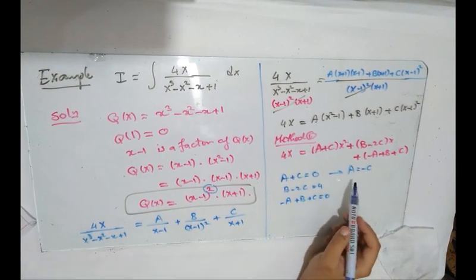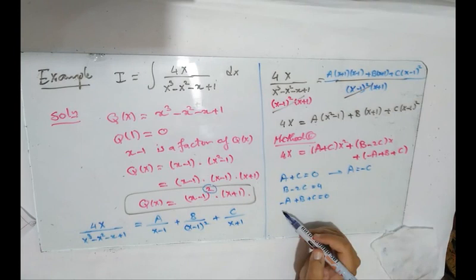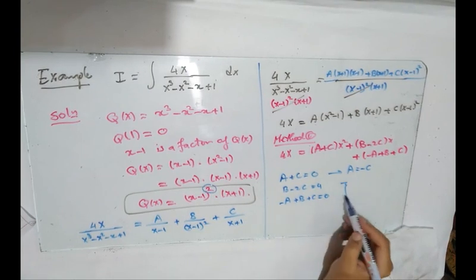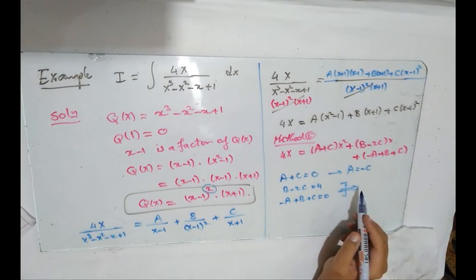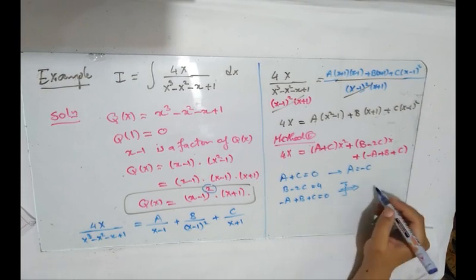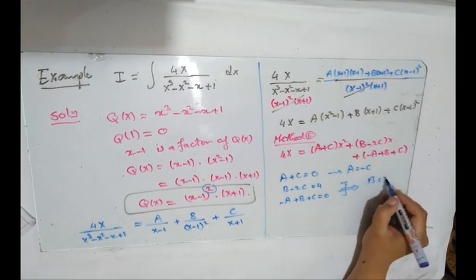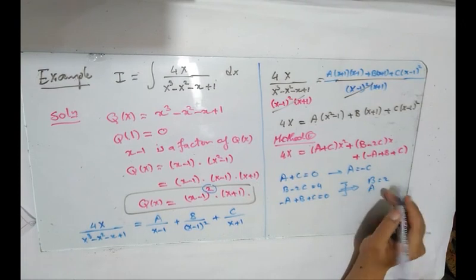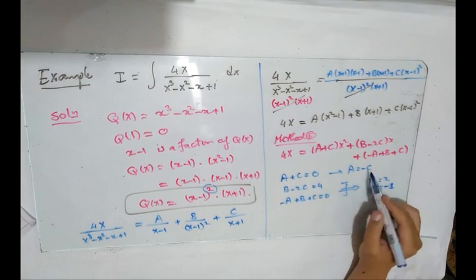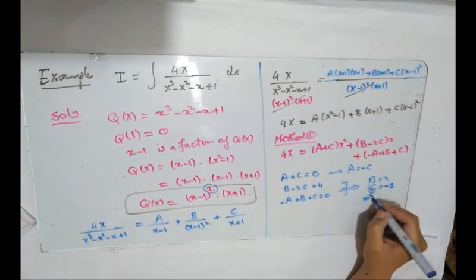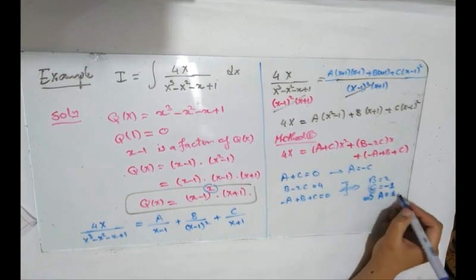If you substitute the value of a in the third one, and then solve these two equations simultaneously, you will get that b equals 2 and c equals negative 1. Since a equals negative c, a equals 1.